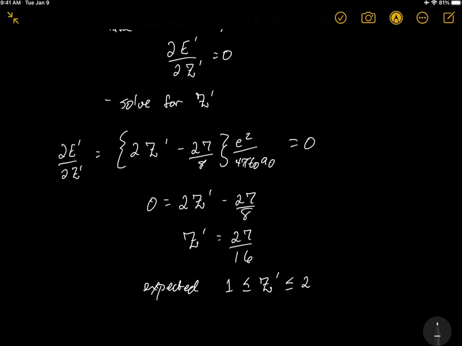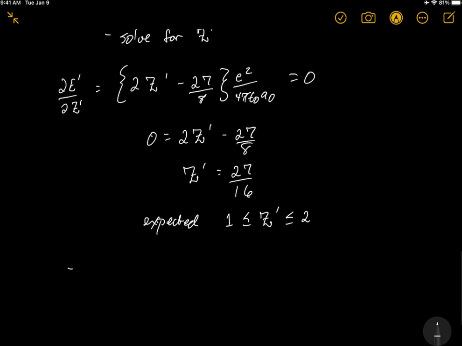So are we finished yet? No, we don't know yet what the energy is. So how do we find the energy? We plug our parameter back into our E prime, which is a function of Z prime expression, not the derivative, the original function that we started with, right?